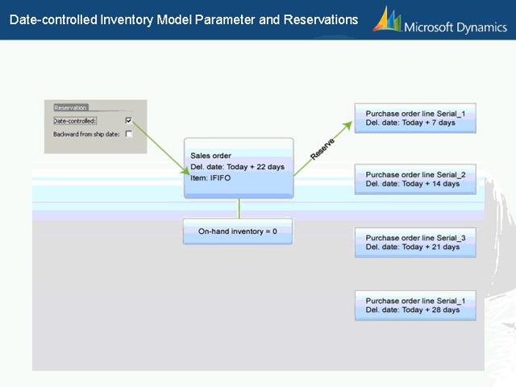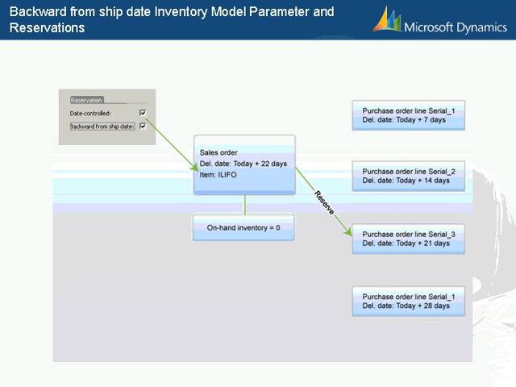And the system reserves the purchase order line with a delivery date of today plus 7 days, because on-hand inventory is equal to 0. And notice that the option in inventory management for ordered line reservation is active in this station.